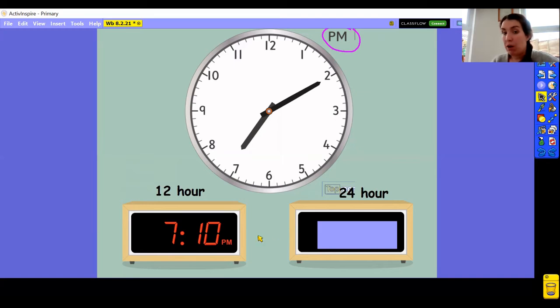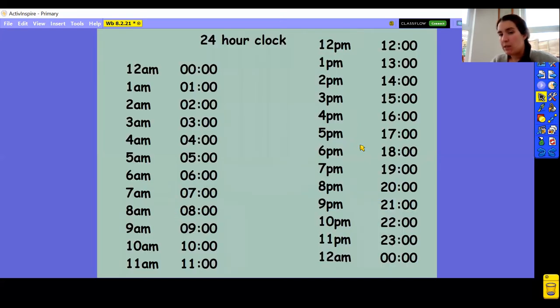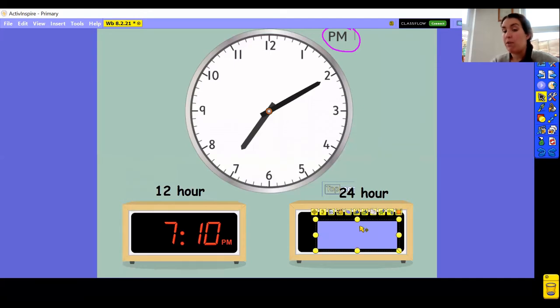But on a 24-hour clock, I don't have this PM to tell me that it shows the afternoon or the evening. So if we flick back, look, you can see that 7 PM here is the same as 1900. So the time on our 24-hour clock is 19:10. So we've got no AM or PM. The fact that it shows 19 shows you that it is in the evening.